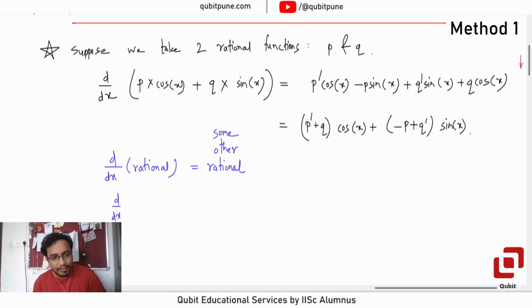And the derivative of sine and cos, they are essentially alternating their positions with, of course, a change in the sign, but that is immaterial for us now. So if we take the product of a rational function and cos, and for generality include the sine also, the derivative will also contain cos x into some rational function plus sin x into some rational function. Is it clear?